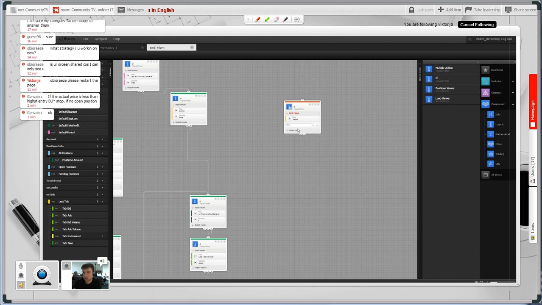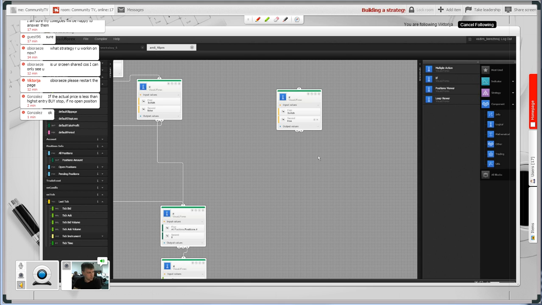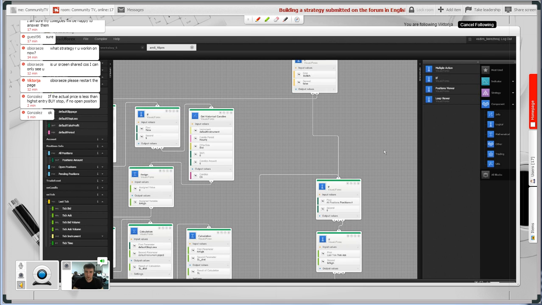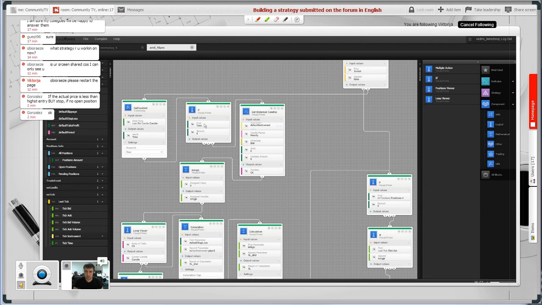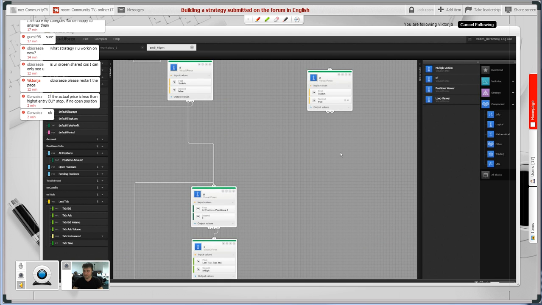So if our strategy is on, then we check the time of the just closed candle. We just somewhere here get time unit, check, just copying. Yeah.